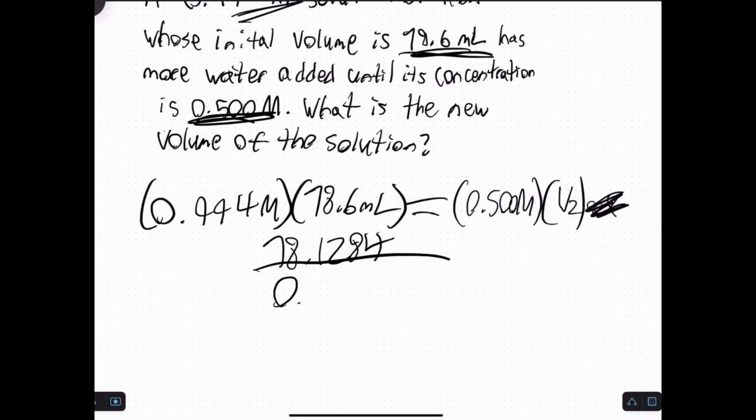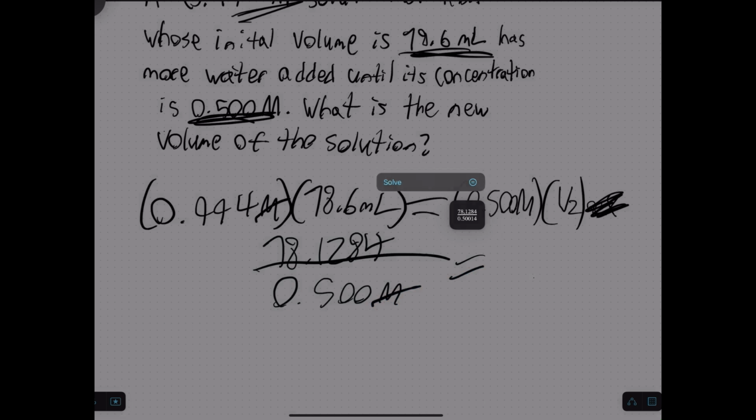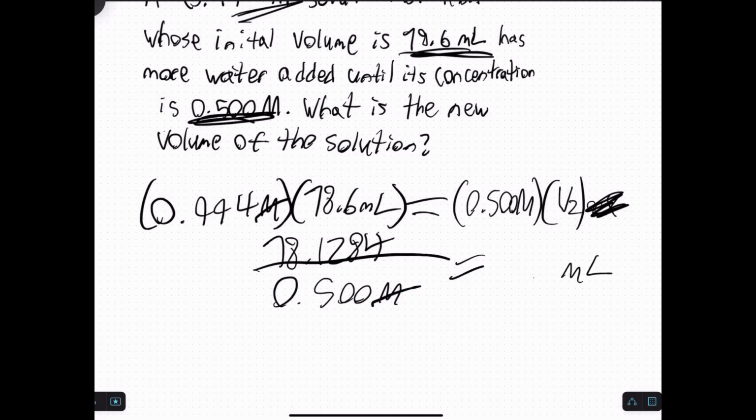Because this is M, our units should cancel out, so our answer should be in mL. So we divide this by 0.5. That gives us approximately, rounding to the hundredths place here, 156.26 mL.